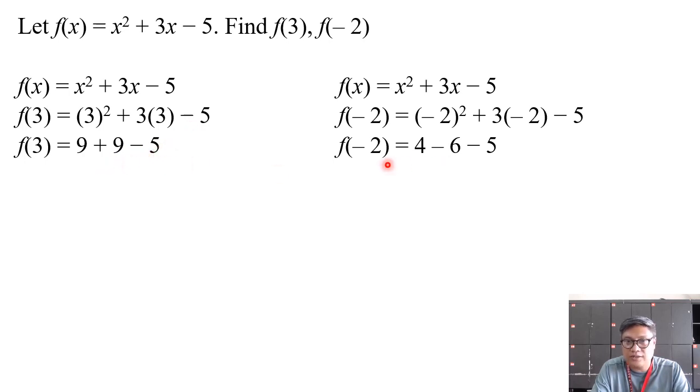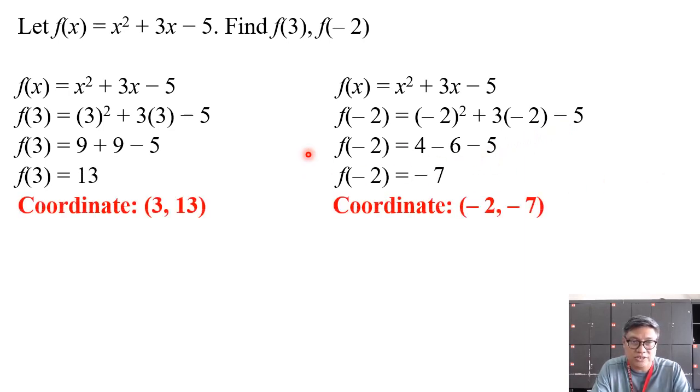For the other one, we have negative 2 times negative 2, which is positive 4. Then 3 times negative 2 is negative 6. Then we just copy negative 5. Then, of course, combine all the values and simplify. Then we have 9 plus 9 is 18, minus 5 is 13. Then 4 minus 6 is negative 2, plus negative 5 is negative 7.